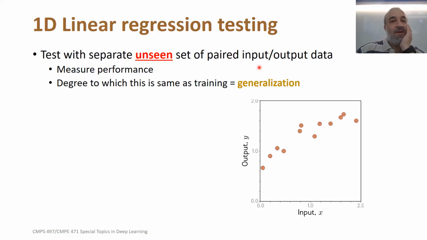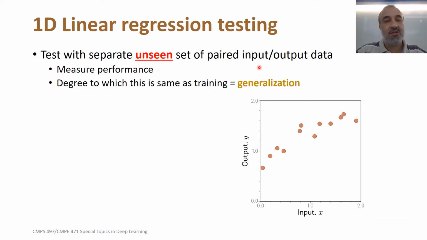Now on testing, as we said earlier, we have to test on a separate unseen set of input-output pairs. We will compute the predictions on the unseen input values and compare, and we can compute either the loss or a performance measure.